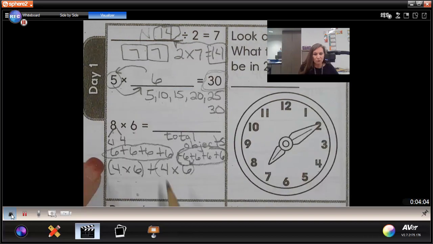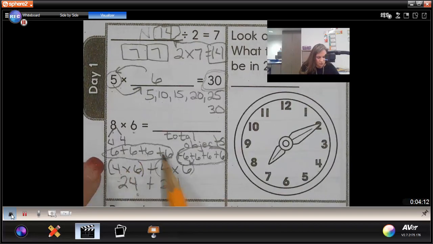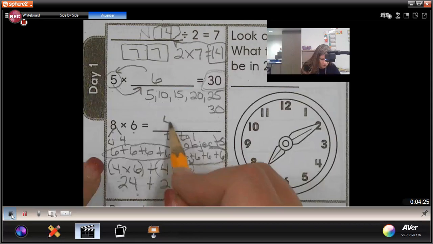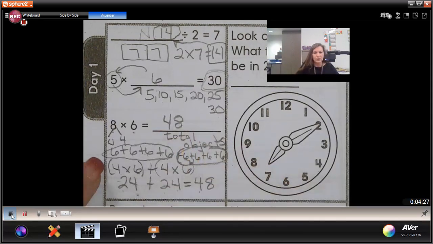Now, most of us know that 4 times 6 is 24, and so this would be also 24. And if I add these 24 with these 24 right here, I'm going to get, you got it, 48, because 20 and 20 is 40, and 4 makes 8. So 8 times 6 is 48.